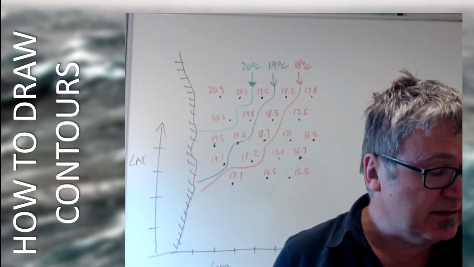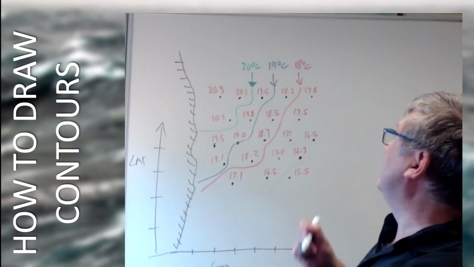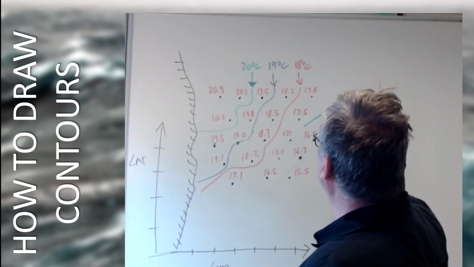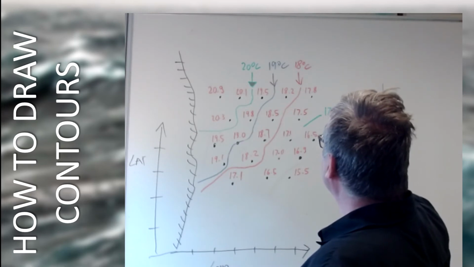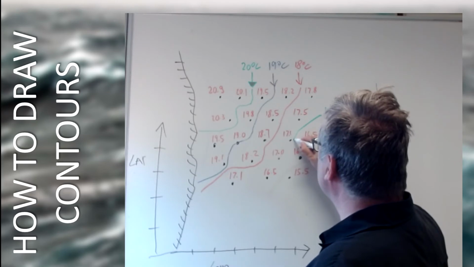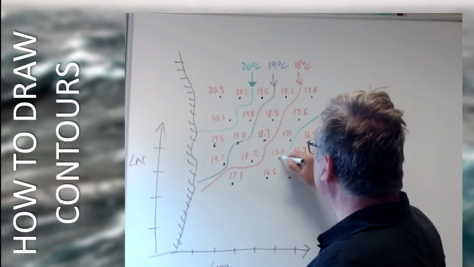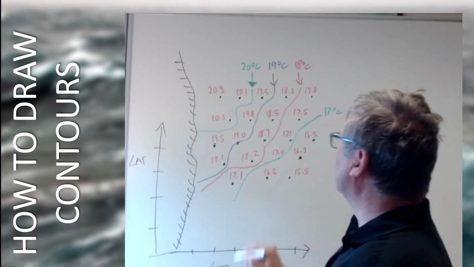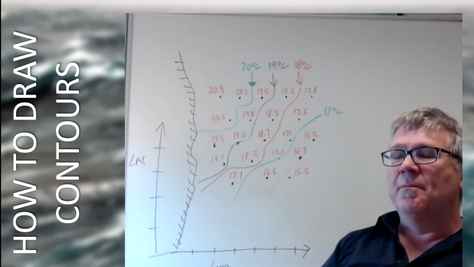Next is the 17 degrees Celsius line. It starts here, goes around. There's again a measurement with exactly 17, so the line has to go through. There's nothing you can do at the boundaries.